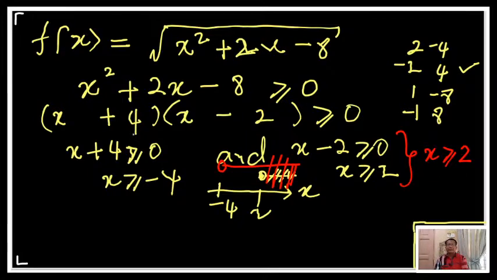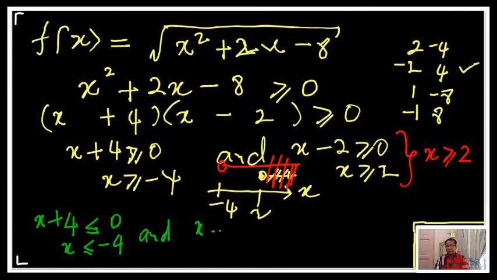The other case is x plus 4 less than or equal to 0, so x less than or equal to minus 4, and x minus 2 less than or equal to 0, so x less than or equal to 2.